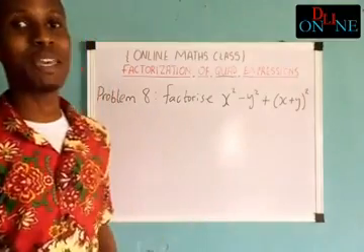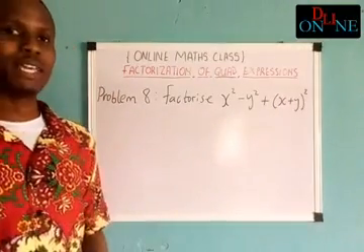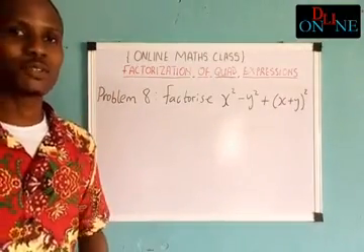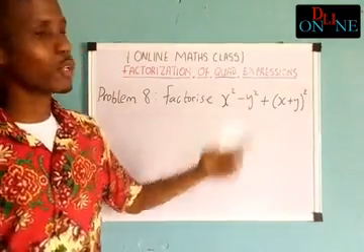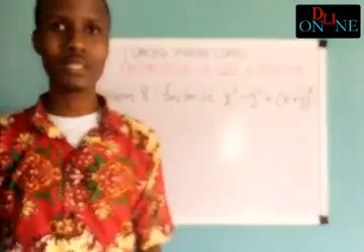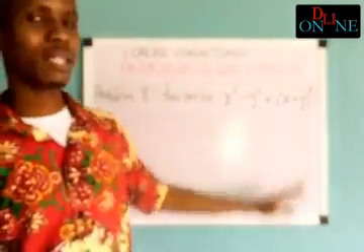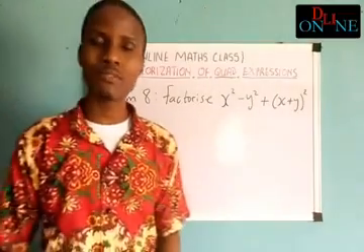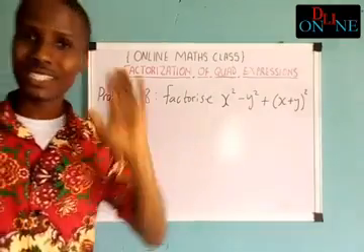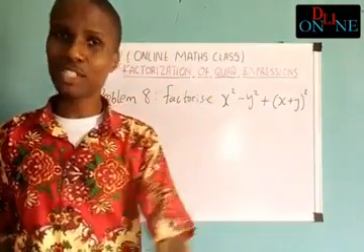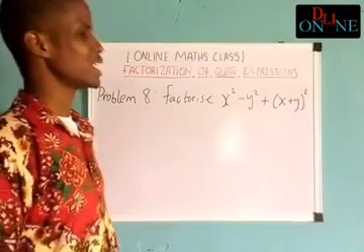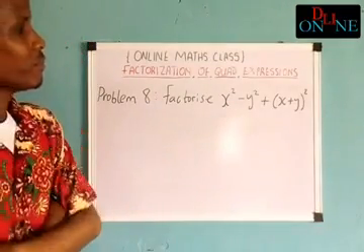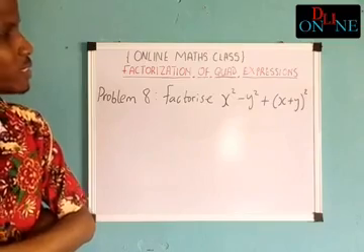Now we have problem 8. In problem 8, it says factorize x squared minus y squared plus x plus y all squared. What's the first thing you do? Understand the expression. What does this expression actually mean? x squared minus y squared.